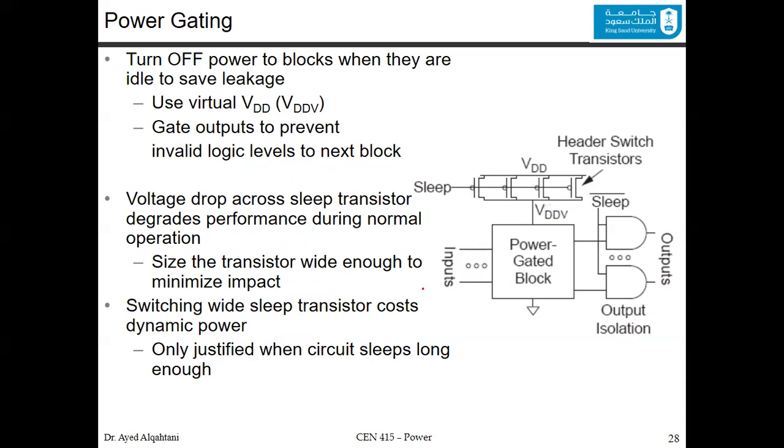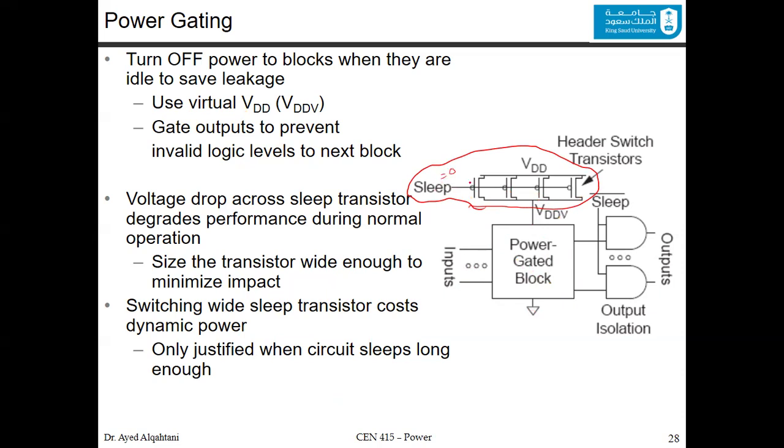So the idea here is, if you have a power gated block, normally we give it a voltage VDD and the ground, and we give it the input, and we are waiting for the output, before we do the power gating. Now to do the power gating, we plug in this block, which is PMOSes in parallel. It works when the sleep is equal to 0.